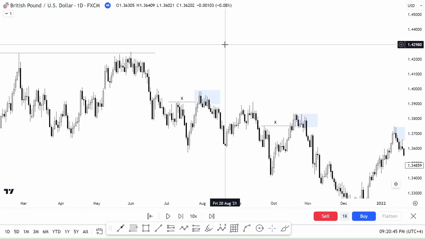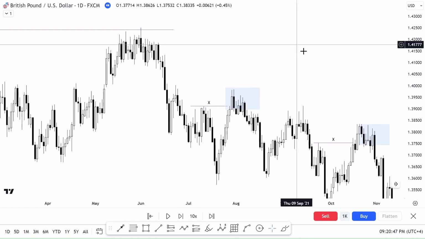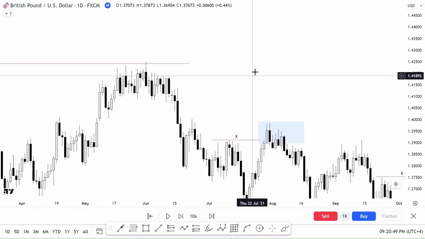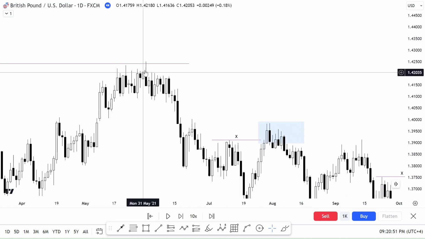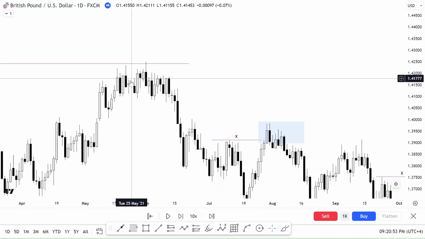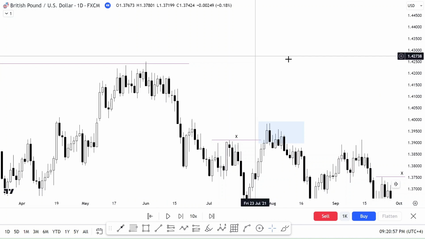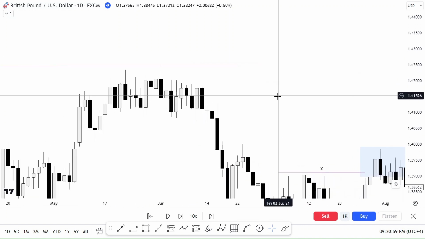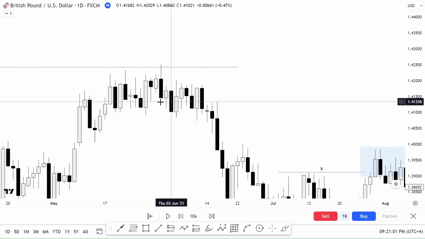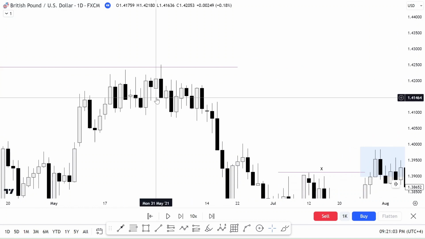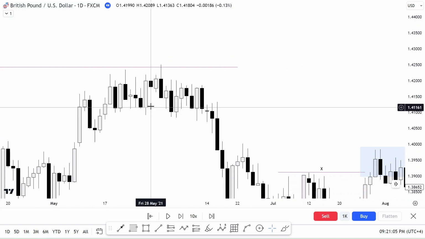So in this scenario, you should be patient. Once the wick closed under the high, the next thing you need to do is wait until the market closes under that candle or below it. So here, the second day, it didn't close. The third day, it closed.